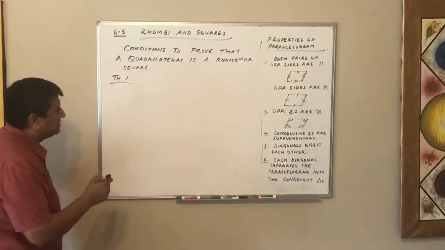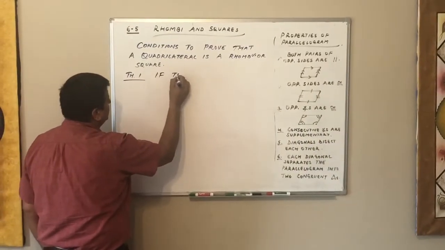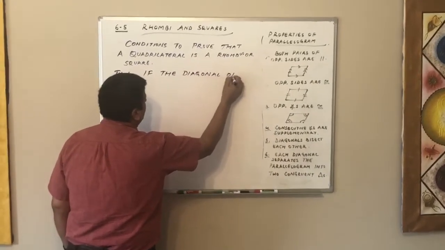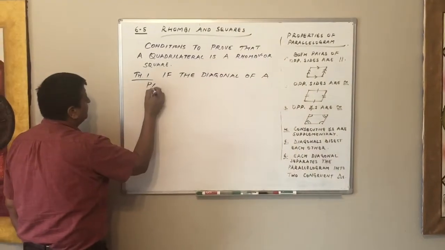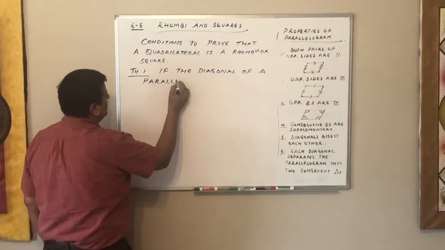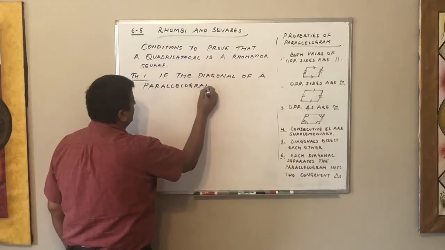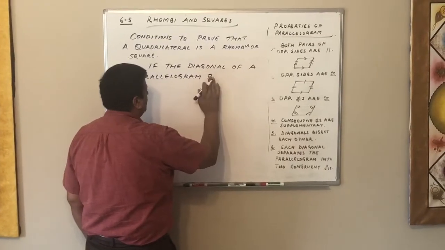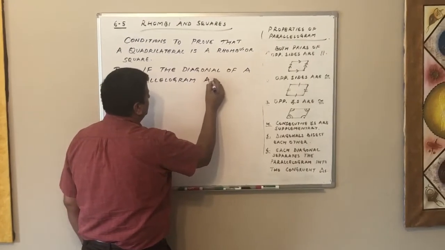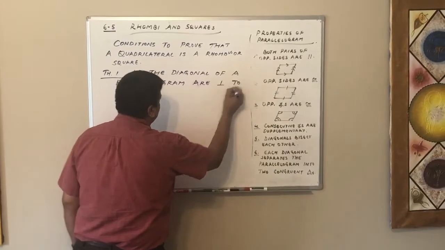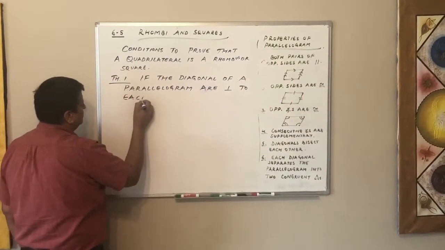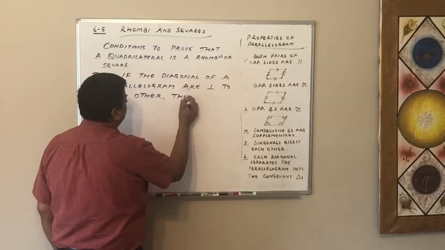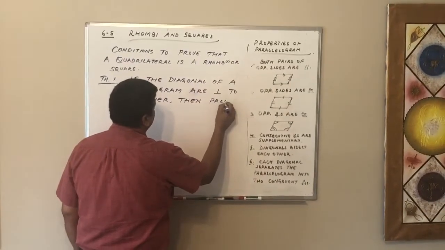So the first theorem is if the diagonals of a parallelogram are perpendicular to each other, then the parallelogram is a rhombus.